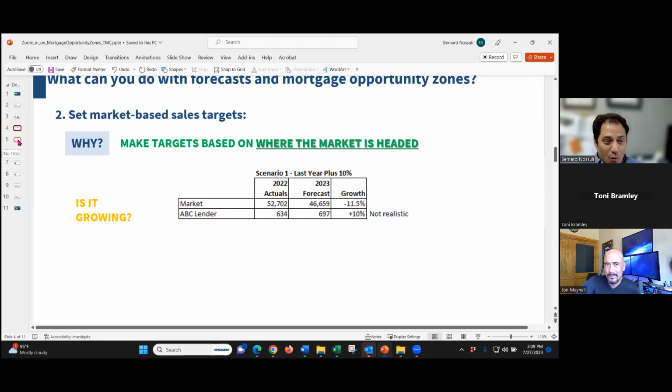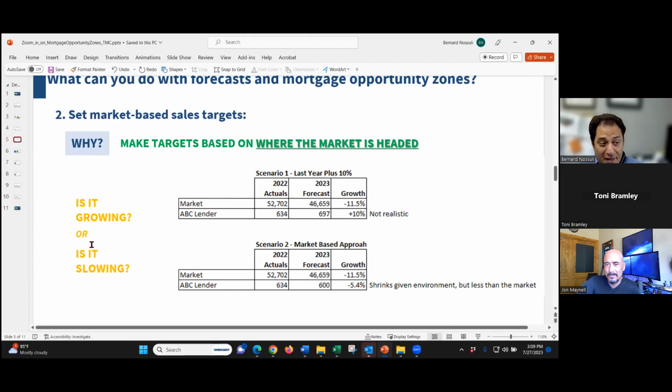So instead, what we can do is we can figure out, hey, is the market growing or is it slowing? And once we figure out it's slowing based on the forecast, we can go, you know what? 634 was great for last year, but this is a different year. And so even if we lower our target from 634 to 600, so actually we're contracting 5.4%.